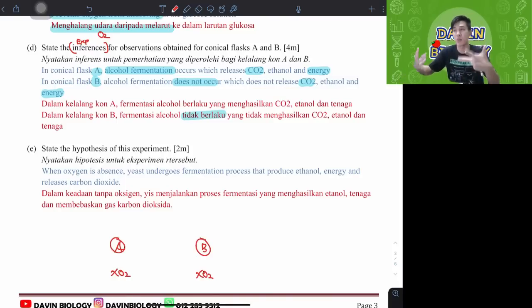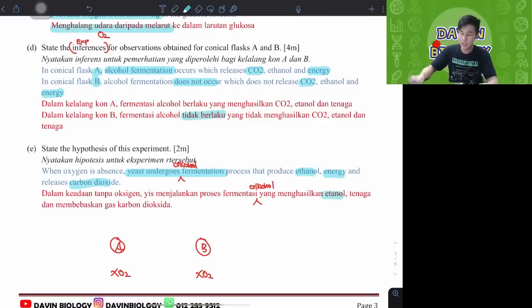Before I carry out the experiment, I come up with a hypothesis, a smart guess. I will say in the absence of oxygen, yeast undergoes fermentation, actually must say alcohol fermentation, which produces the 3 things: ethanol, energy, carbon dioxide. That is how we write the hypothesis for this question.